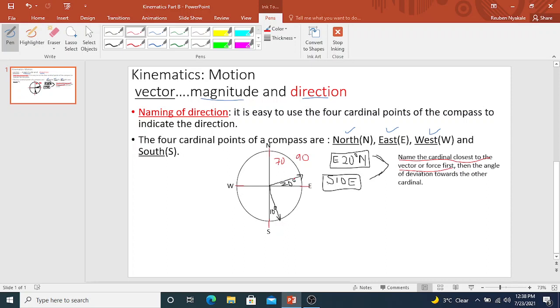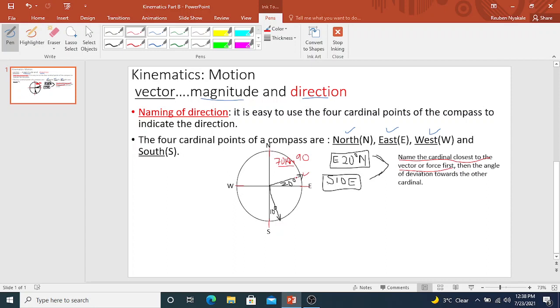Now you can tell that for me to go to north, if I were to make this kilometers, from where the force is to where north is, I have to travel 70 kilometers. It is far from me. But the one that is close to this force, it is east.